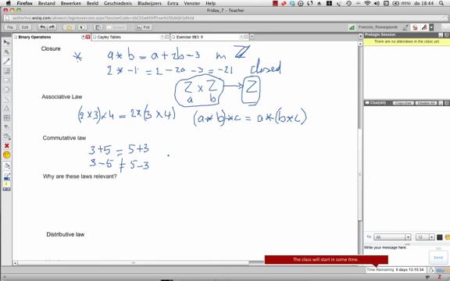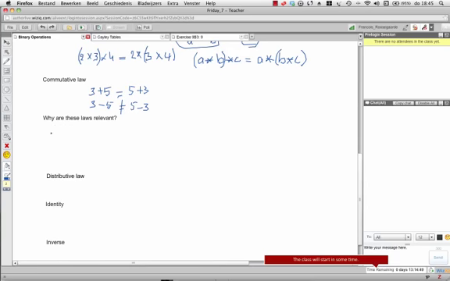Okay, so the question is now, why would these laws be relevant? If I have a star operation which obeys the associative law, and I have a long sequence of this operation, then the order in which it is performed doesn't matter.